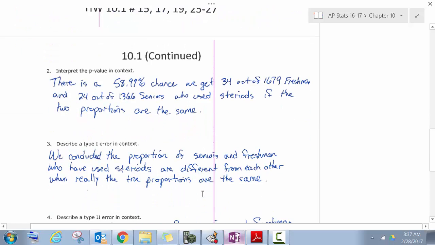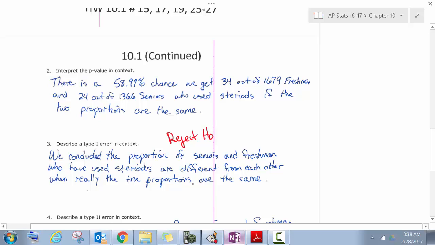Type 1 error means that we rejected the null and we went with the alternate hypothesis. So we concluded the proportion of seniors and freshmen who have used steroids are different from each other.